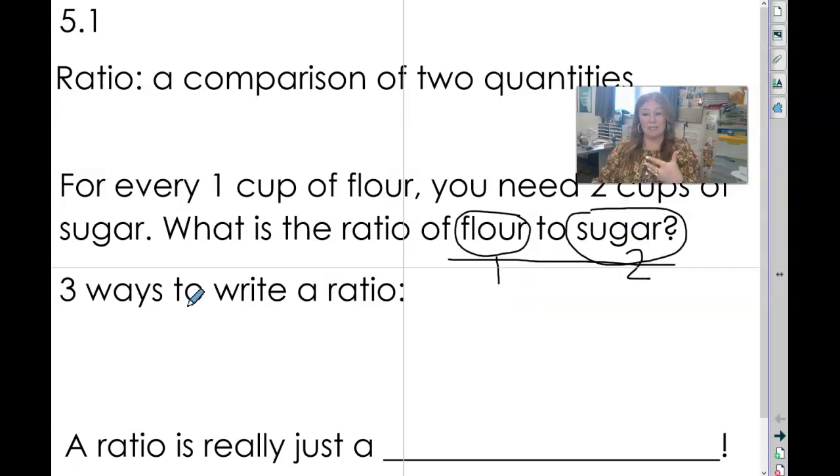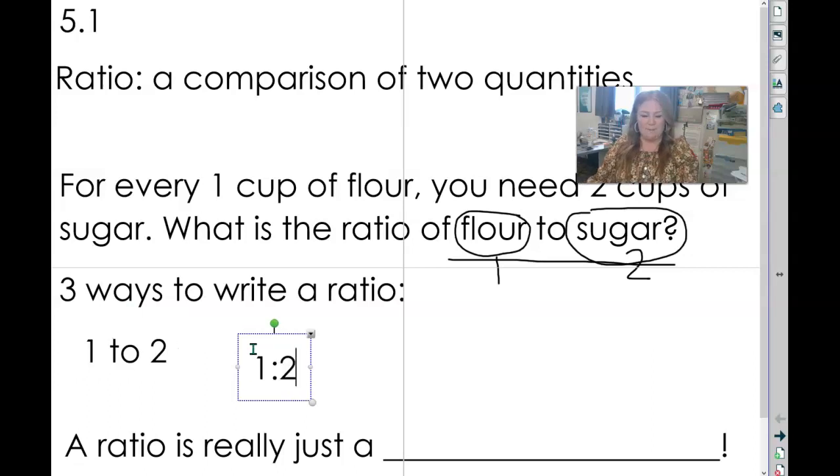There are 3 ways you can write a ratio. The first way is to write 1 to 2, using the word "to."